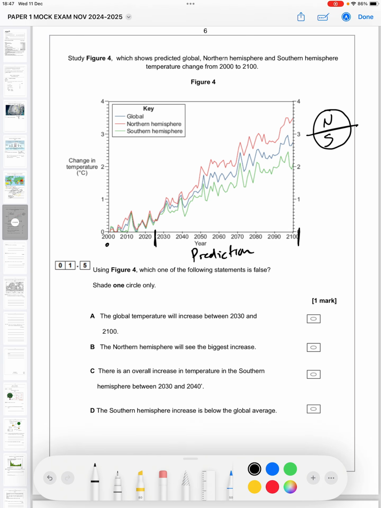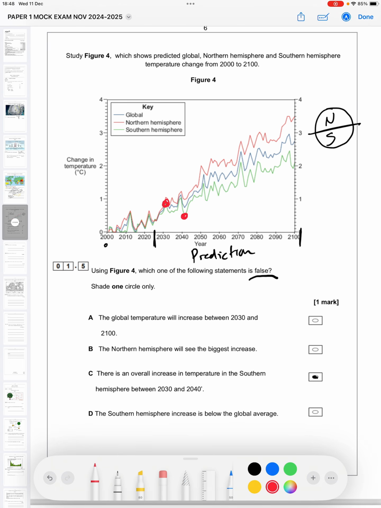And then all you do is work through the questions or the statements, but being clear that it's asking for what is false. Okay. Now the actual answer for this question, I could tell you, for us in our school, is that one, because if you look at the southern hemisphere between 2030 and 2040, in 2030 it's there, but in 2040 it's there.